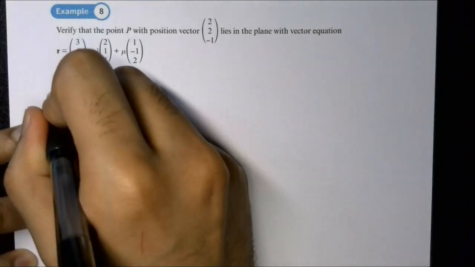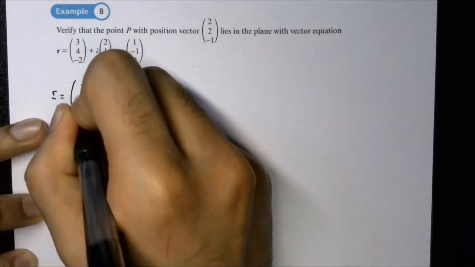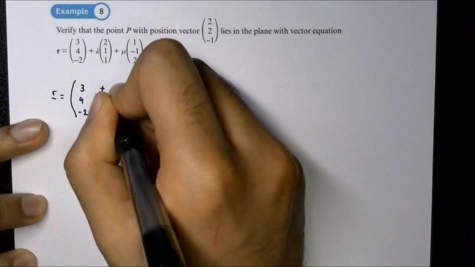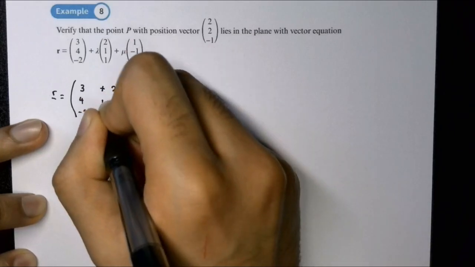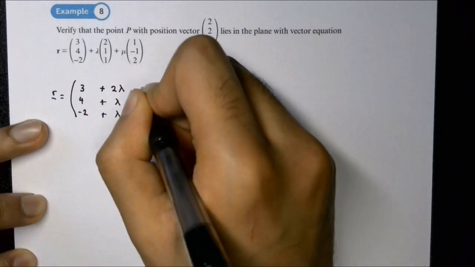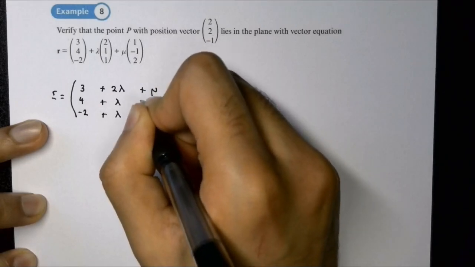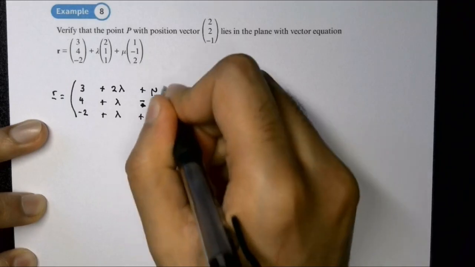So we have R, which is equal to 3, 4, minus 2 plus 2 lambda, and here we've got plus lambda, here we've got plus lambda, and then here we've got plus mu, then we've got minus mu, and then here we've got plus 2 mu.